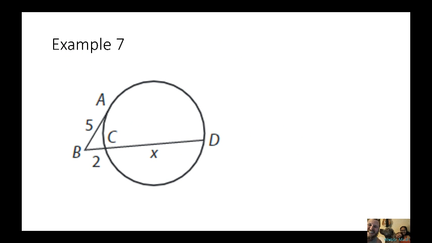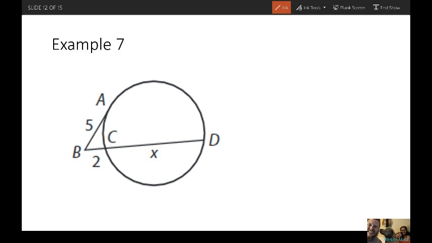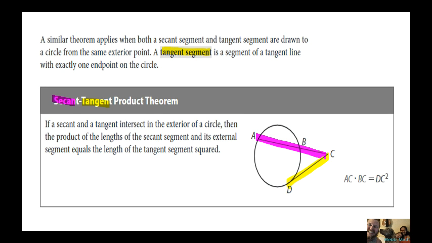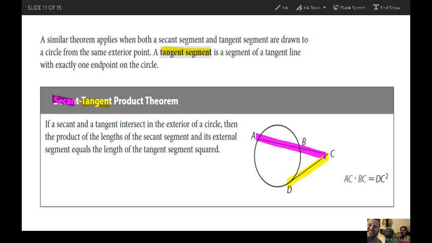So now example 7. All right, we have our tangent, and let me look back. Did I skip the math on this one? Yes, I did. Shame on me. All right, so basically all you need to know is you take the full secant line, which is AC, times its exterior part, which is BC, and that's going to equal your tangent line squared, always.